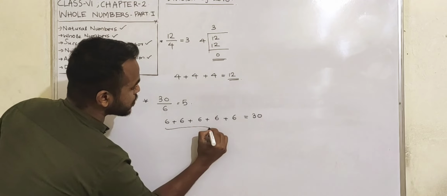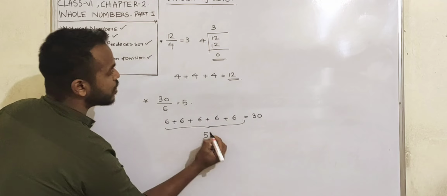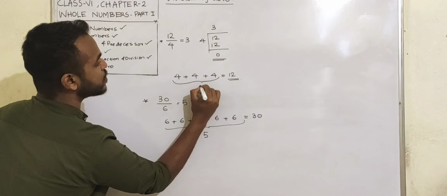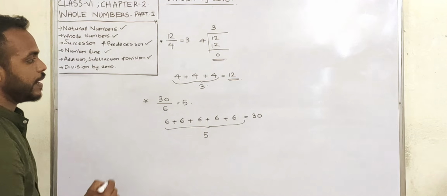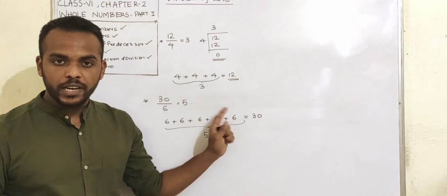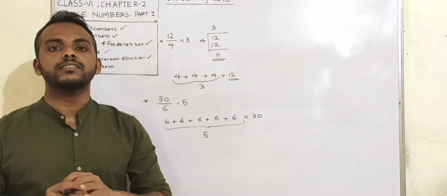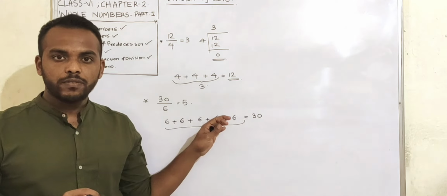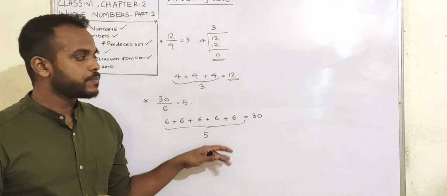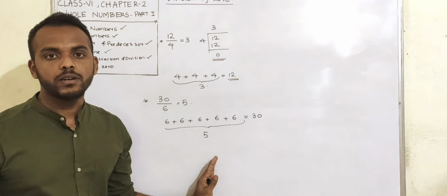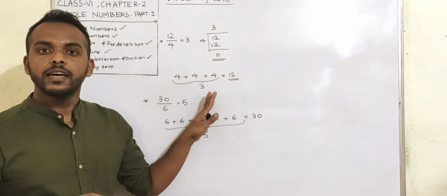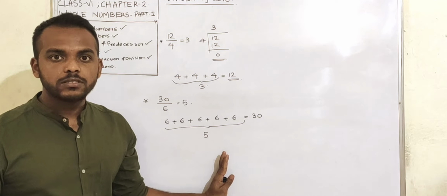So the answer is correct. How many times? 5 times. And over here, 3 times. So basically, this is the idea of division. If anyone still has a lesser idea of this one, please confirm this. This is the principle or concept behind the division process.